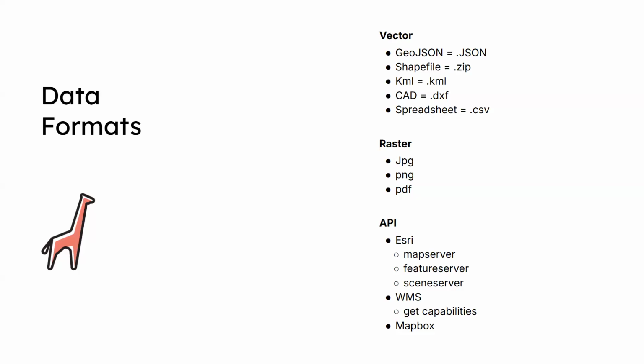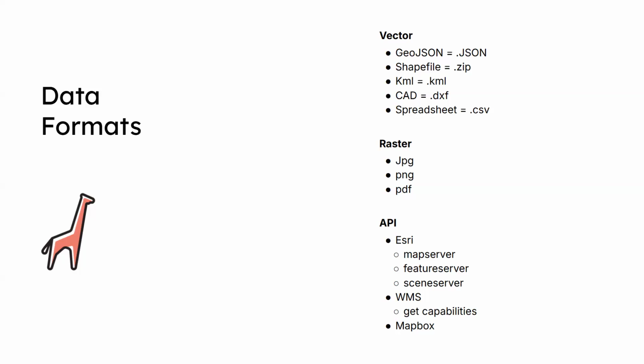So that's something like a GeoJSON, a shape file, a KML, a DXF from AutoCAD, or even a spreadsheet in CSV format. We also accept raster formats, and that's your classic images and PDFs, so JPEG, PNG, and PDF formats.